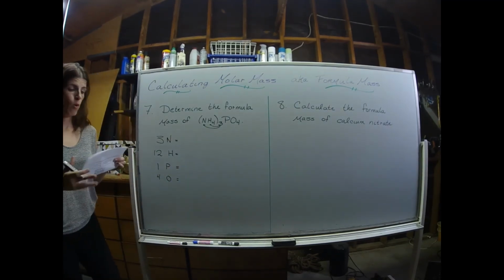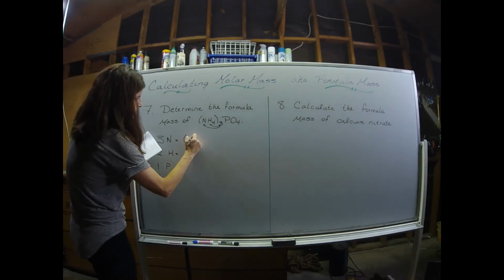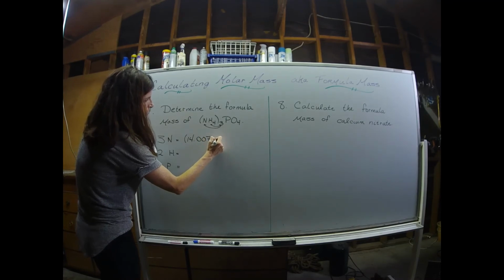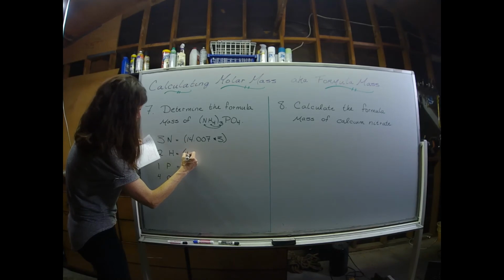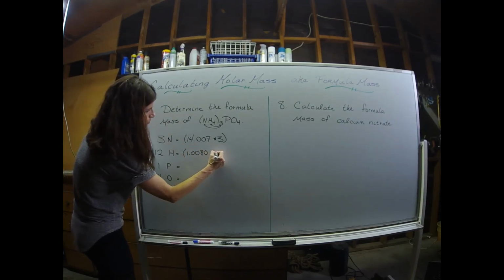So I'm going to look up all those molar masses. Nitrogen is 14.007, so I'm going to multiply that by 3. Next we have hydrogen. I'm going to multiply that value by 12.